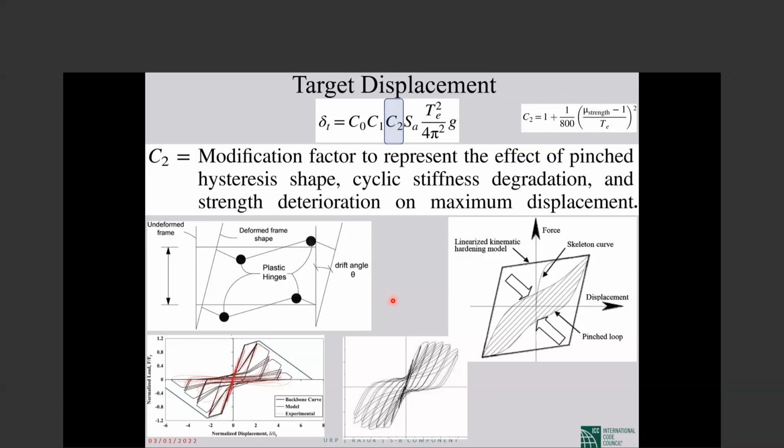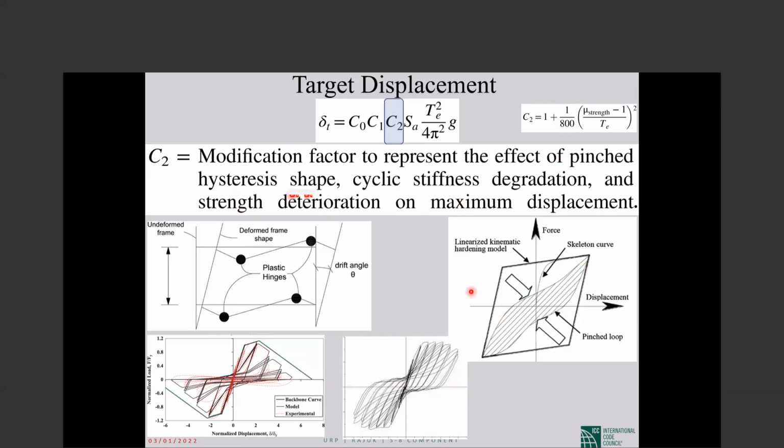Very interesting. But why is a building that has a larger period less affected compared to a building that has a smaller period? The point is the effect of stiffness degradation, strength deterioration, pinching, hysteresis shape.